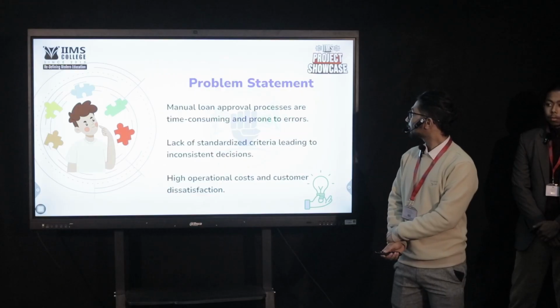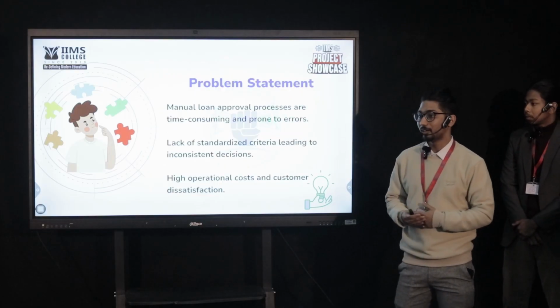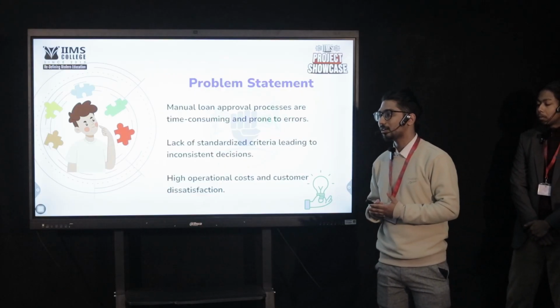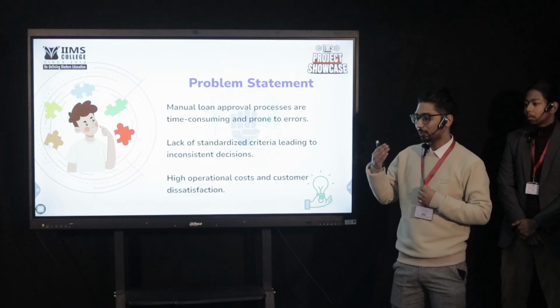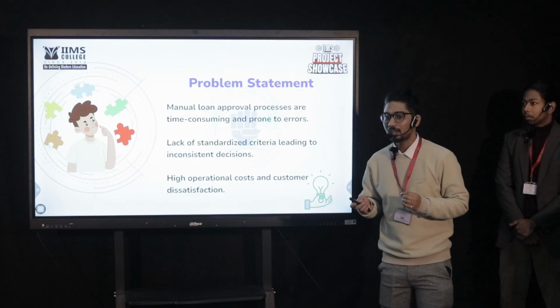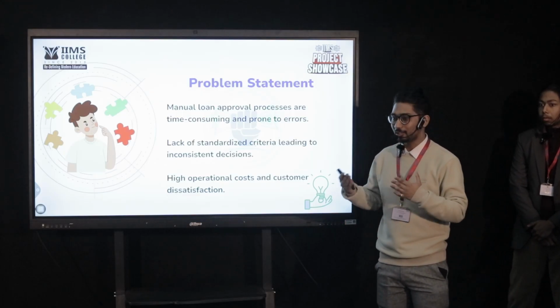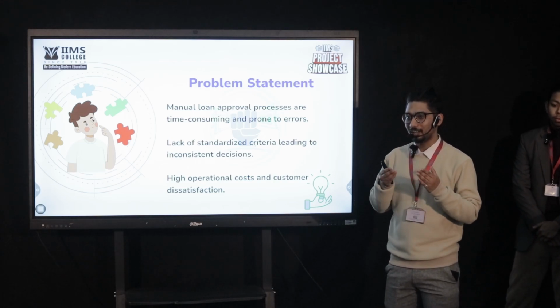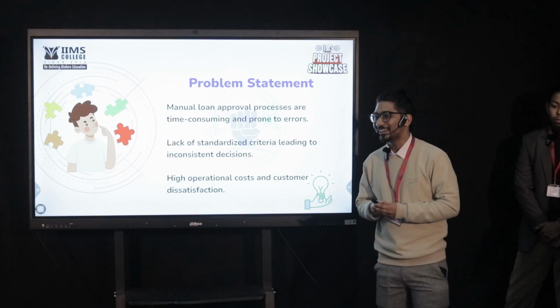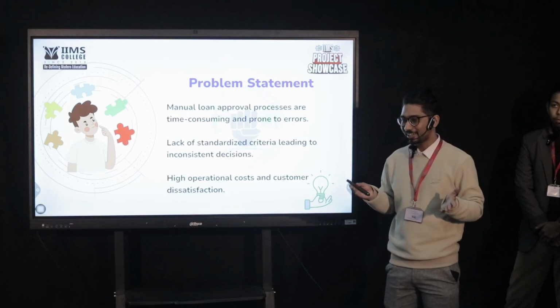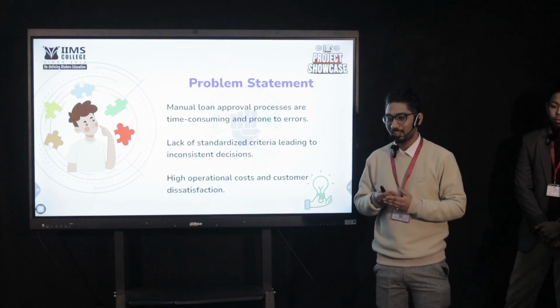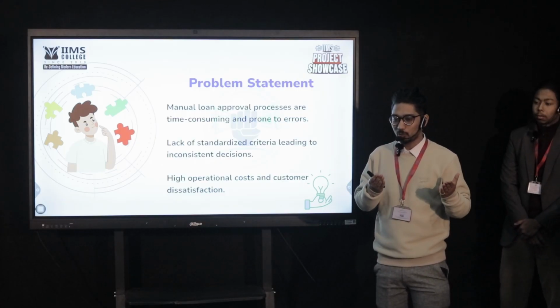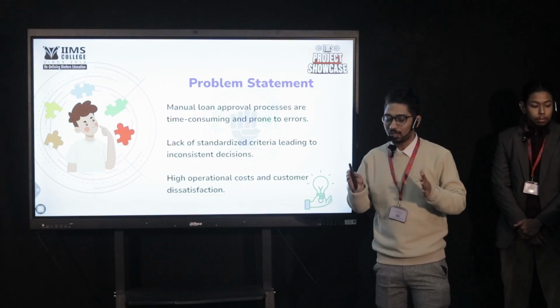As I said earlier, the manual process can be inconsistent. I'll give you a short example. I was with my mother and she was taking out a loan. I was a kid back then, and I had to wait for about 3 hours because it was a long line.